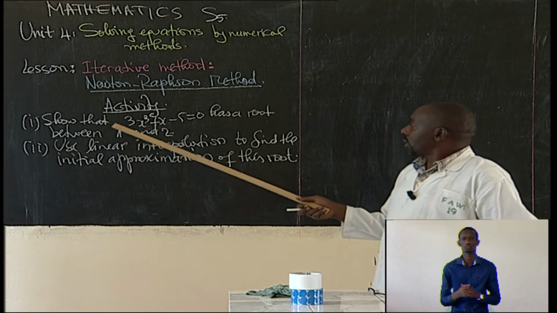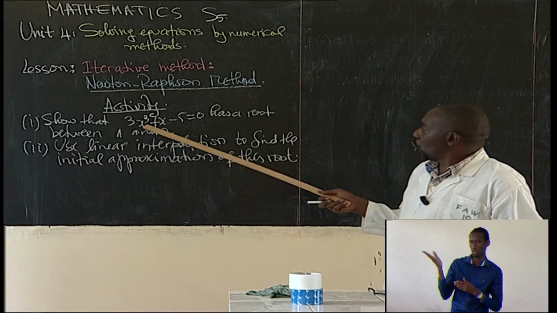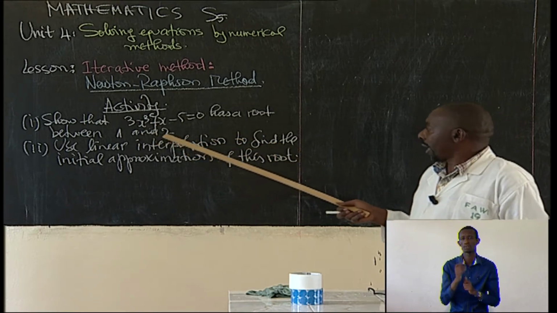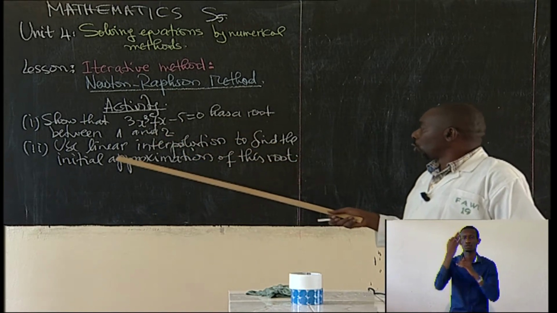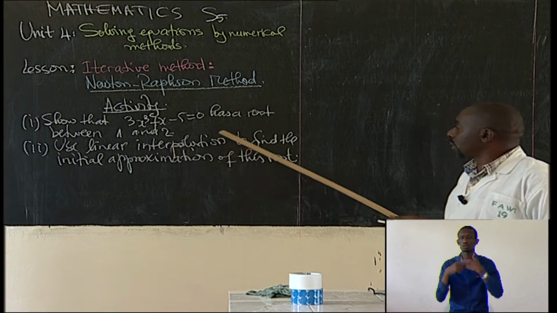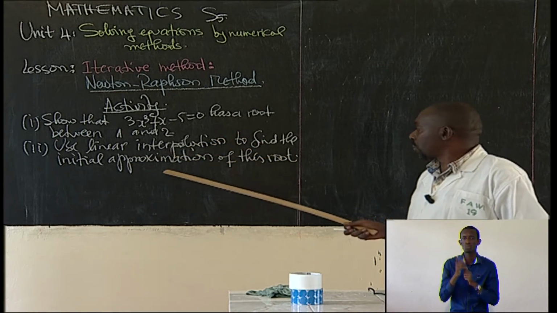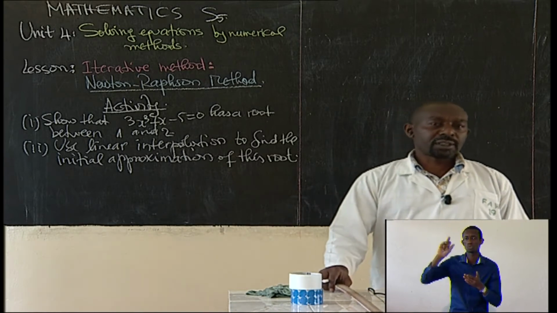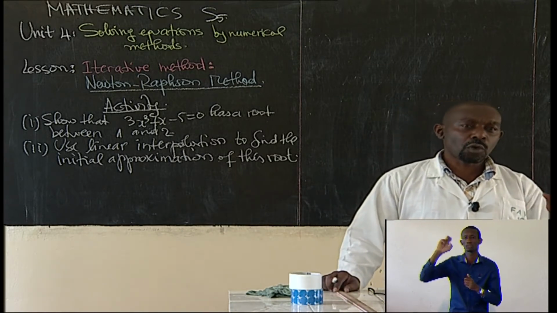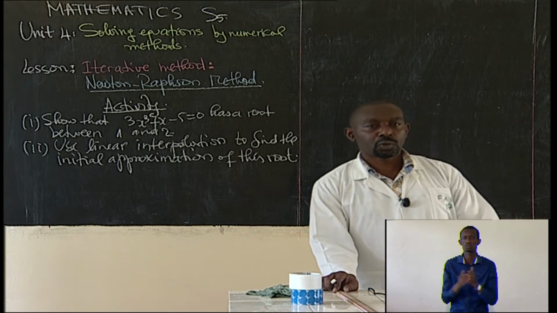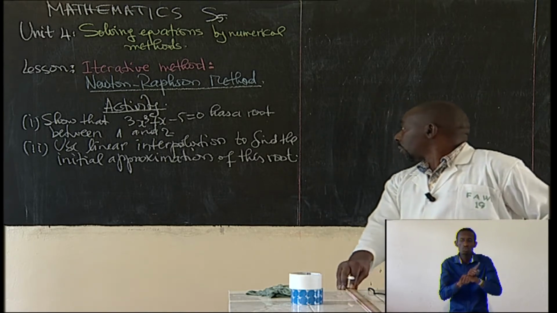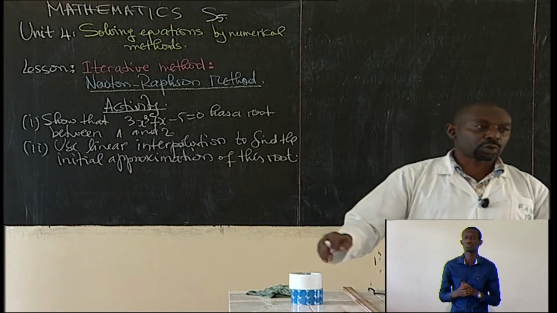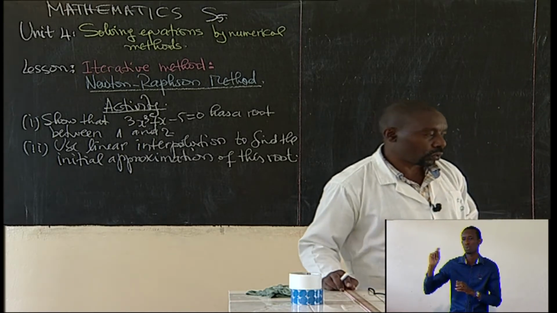Show that 3x cubed plus x minus 5 equals 0 has a root between 1 and 2, and use linear interpolation to find the initial approximation of this root. Dear students, I give you 1 minute to find that root and to show that the root is lying between 1 and 2.